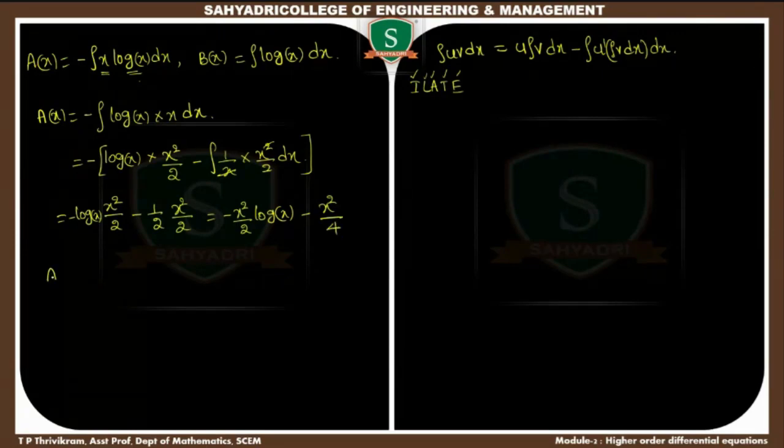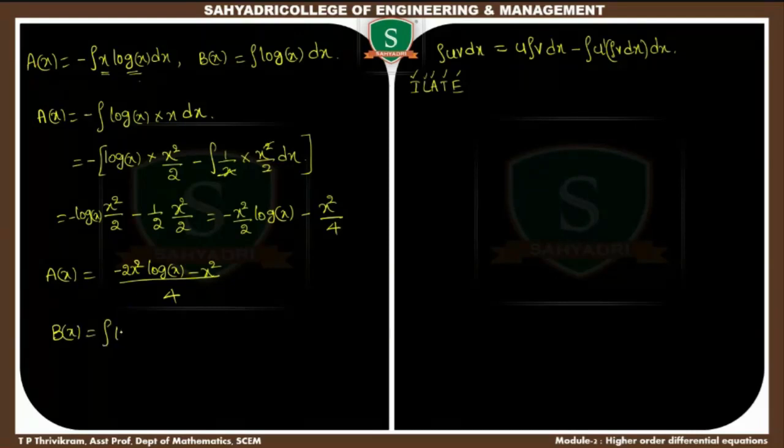So therefore a of x is equal to, if you take LCM, minus 2x square log x minus x square divided by 4. Okay, now we need to do b of x. B of x also we have to do in the same way. Integration of log x we don't have directly.